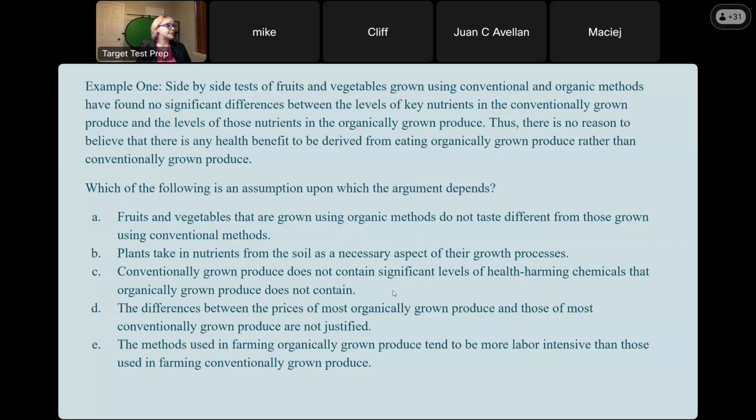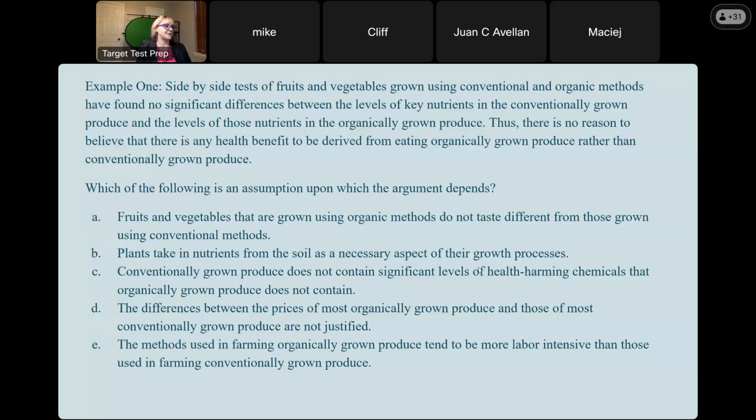So the reason C is an assumption that the argument relies on is because, say, two things are equally healthy, right? But one has arsenic poison in it. Which one are you going to choose? So if conventional produce does have health harming chemicals and organically grown produce does not have those health harming chemicals, then this conclusion does not stand.